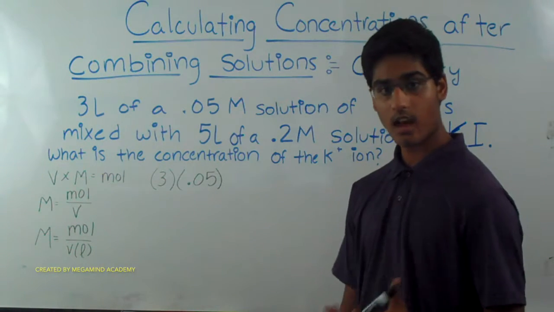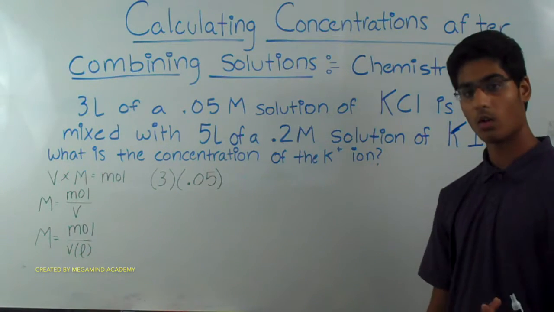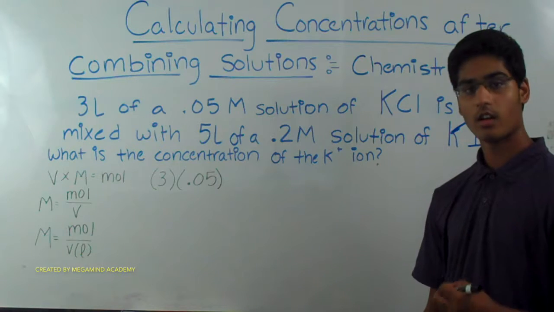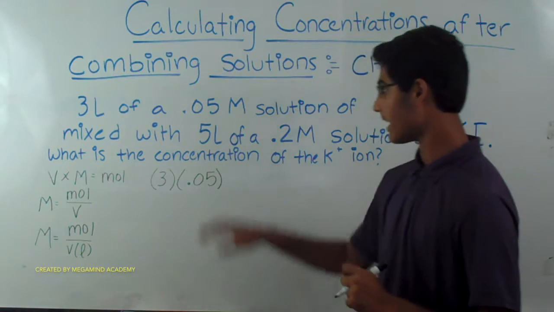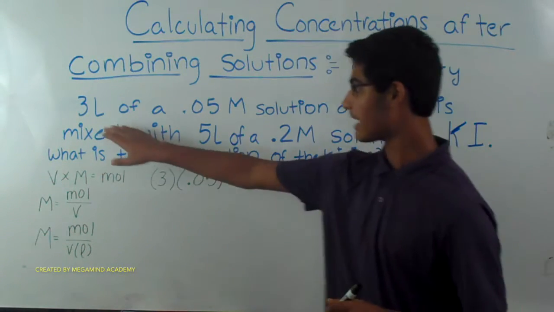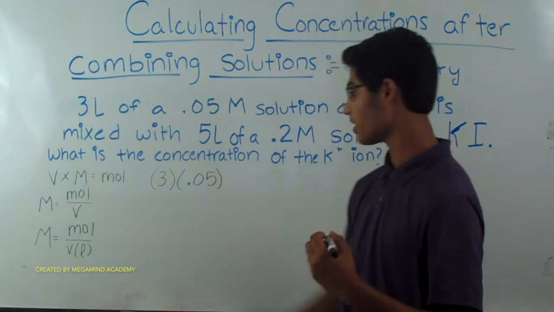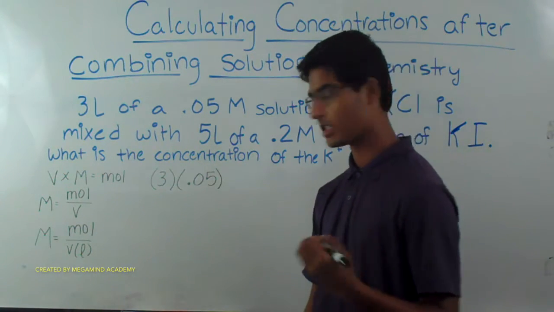If it's not over the volume in terms of liters, it won't give you M, it'll give you moles over the volume in whatever unit. But in this case, because it's capital M, it's in terms of liters, and the volume here should also be in liters, which it is. If it wasn't, we would have to convert it to liters.